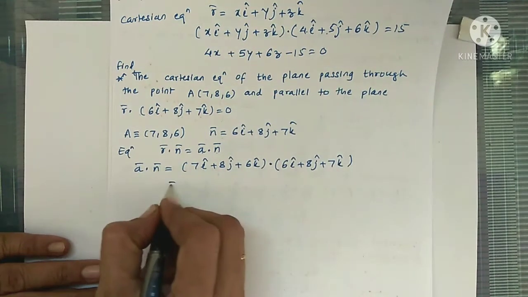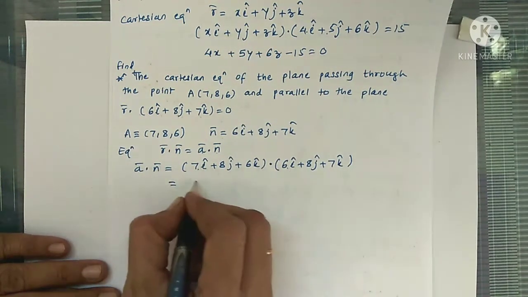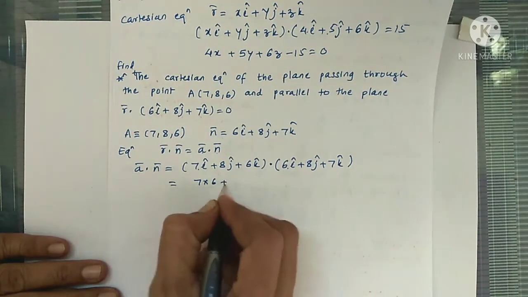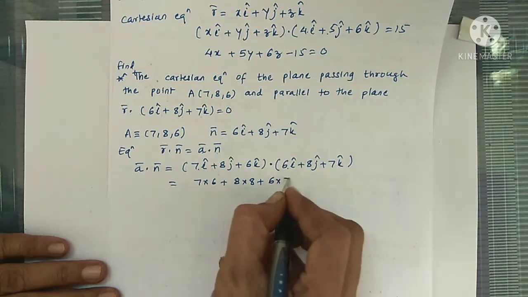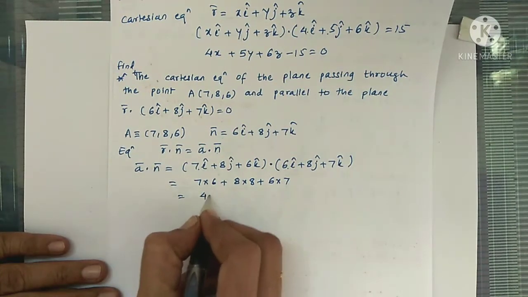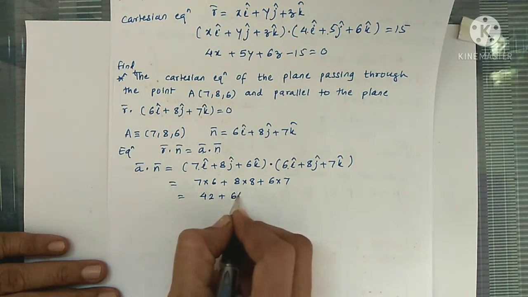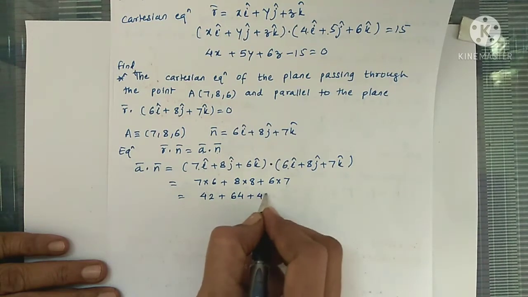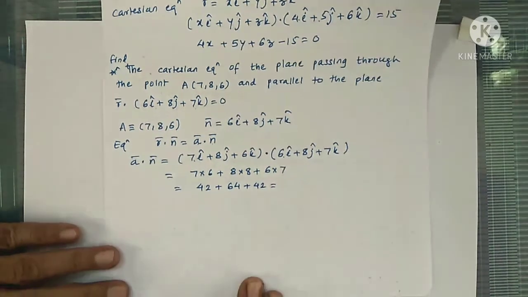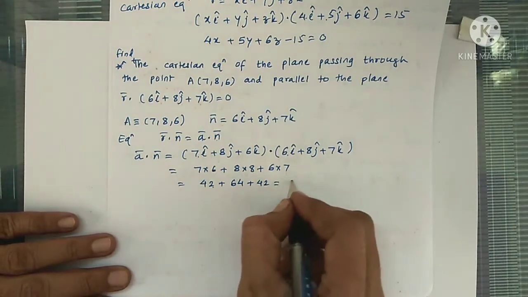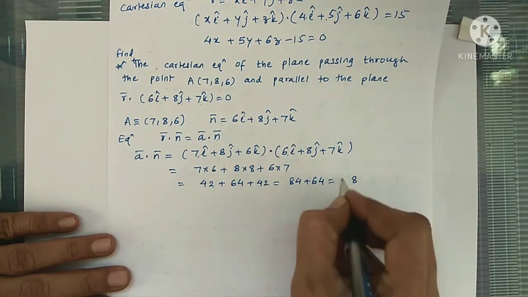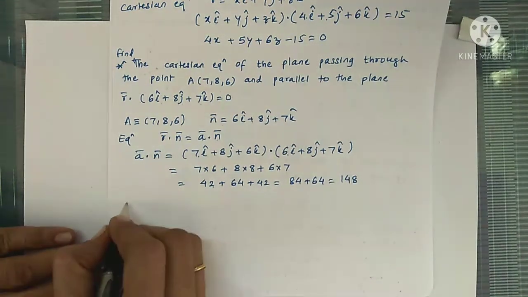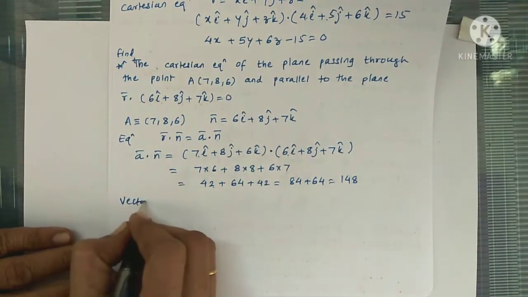So let's find these values. 7 into 6, next is 8 into 8 plus 6 into 7. So this is 42, 64 and 42 again. So this is 84 plus 64, so that is 148.